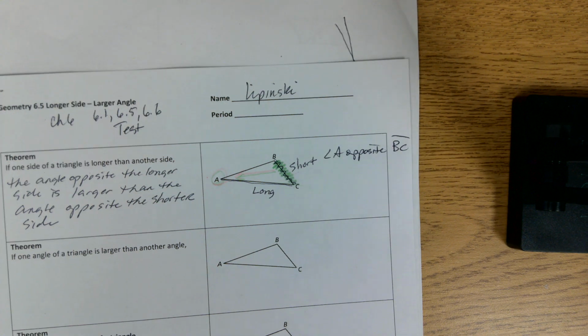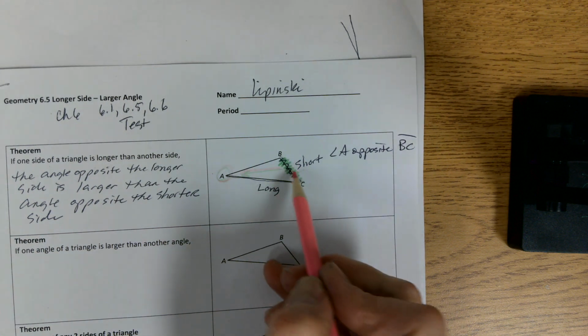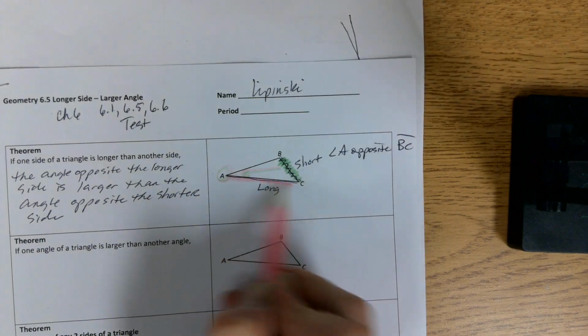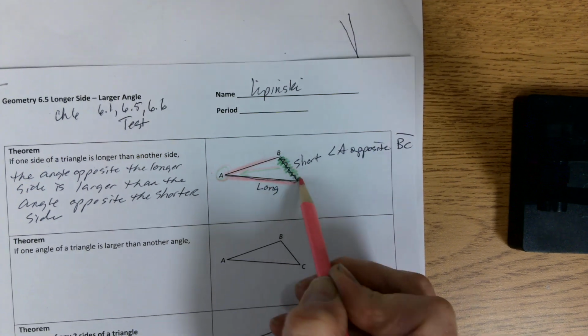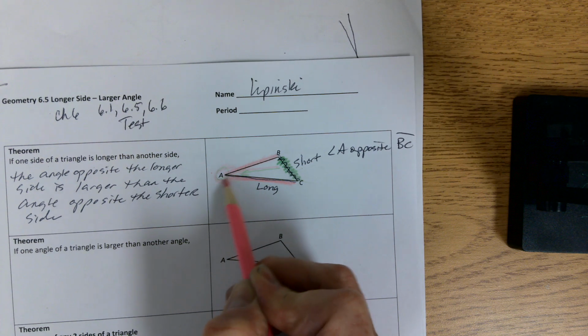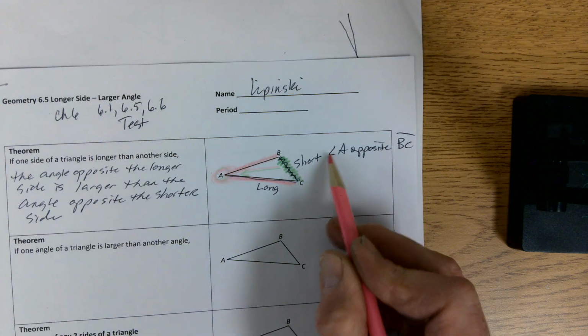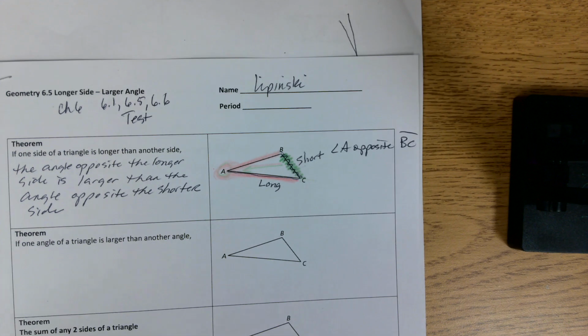If you don't see it, you just highlight the other two sides and see where they intersect. There's only 3 sides on a triangle. If I'm talking about this side, the other 2 sides where they meet is the angle. So angle A is opposite the shorter side.